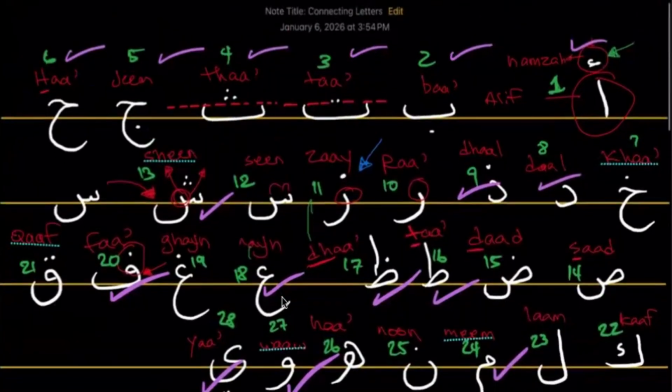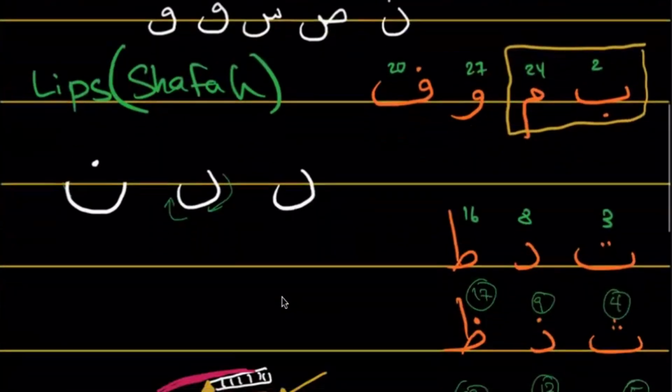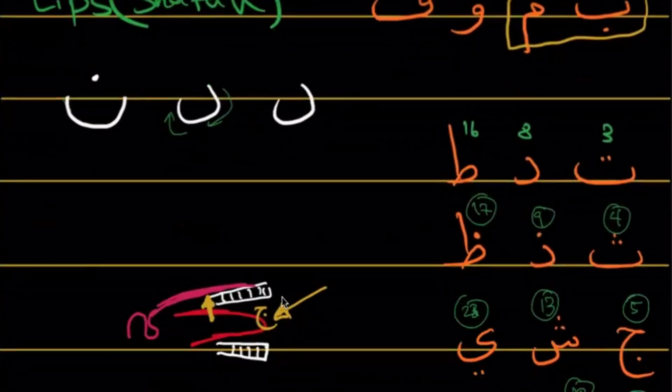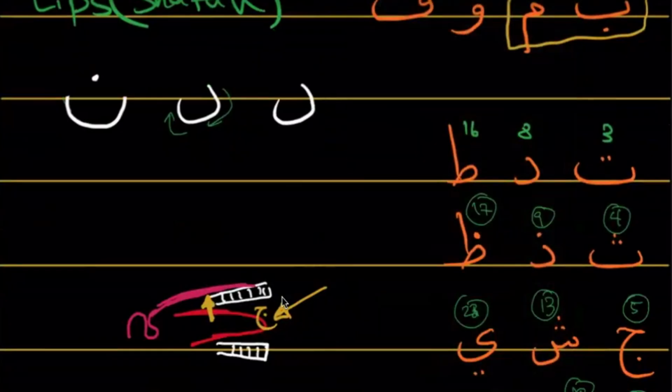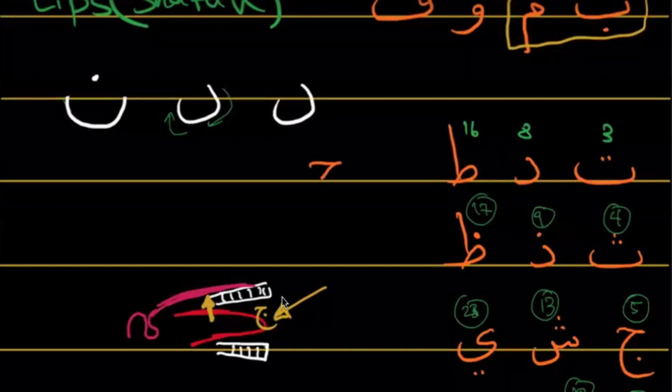What's next letter? Letter number 7, Kha. Put it on the line over here. Kha. Not great. The sister of Kha is Ghain.